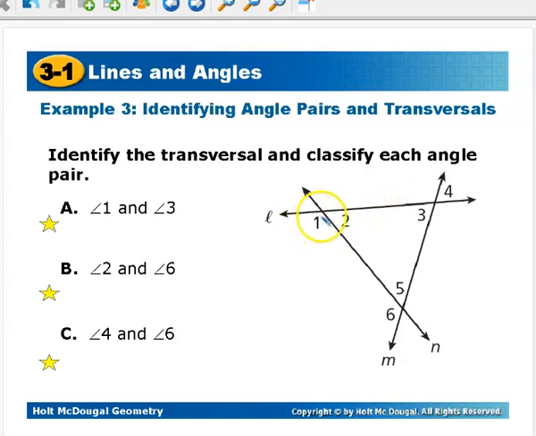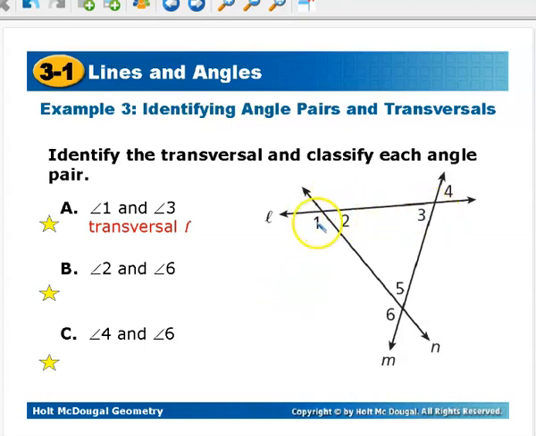If these are my two angles, 1 and 3, which line connects the vertices? Is it line L, M, or N? Well, I notice these vertices exist on this one line L here. That's going to be my transversal. So transversal L, and now I need to classify my angle pair.